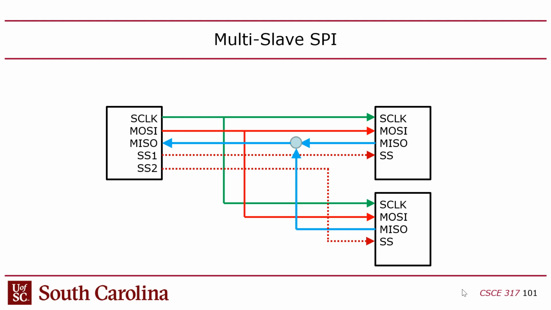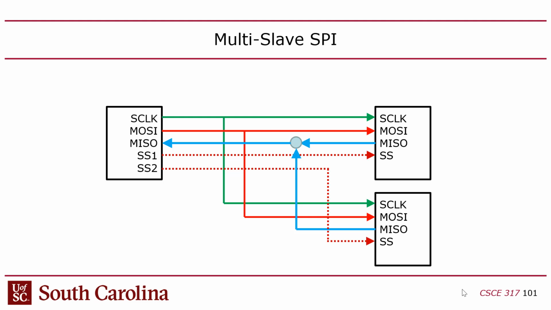But there's a bigger problem here. The bigger problem is that the MISO lines coming out of these are all connected, in this case, the way this is shown, because I'm assuming that I can have multiple slave selects on the master, but only one MISO and one MOSI, right?